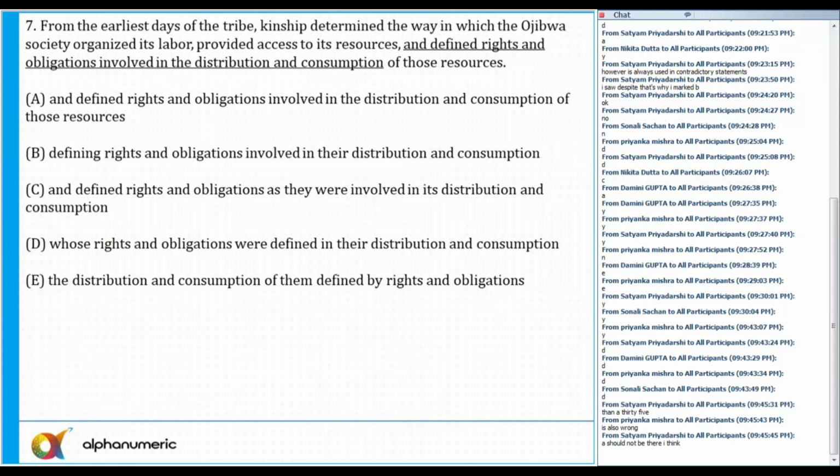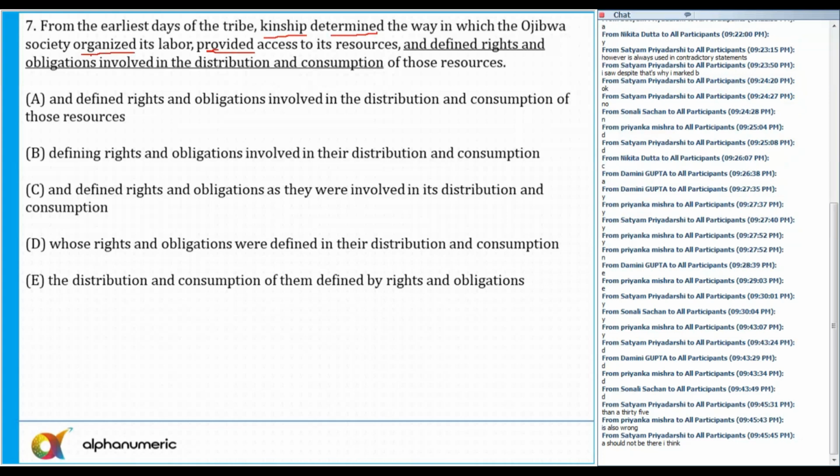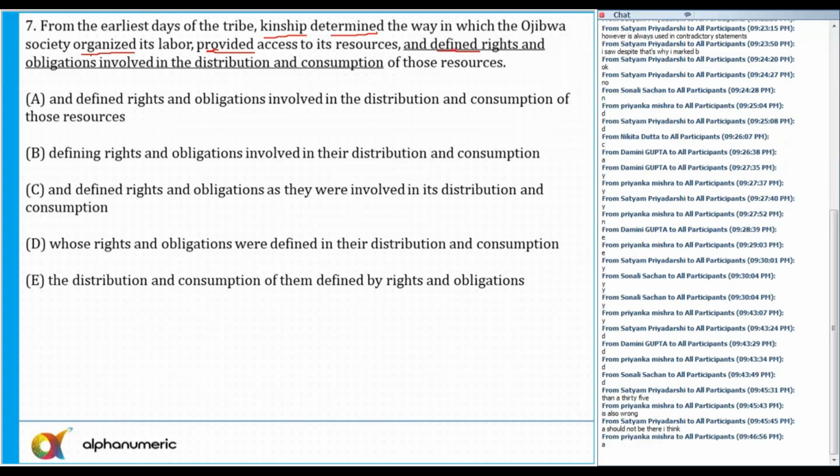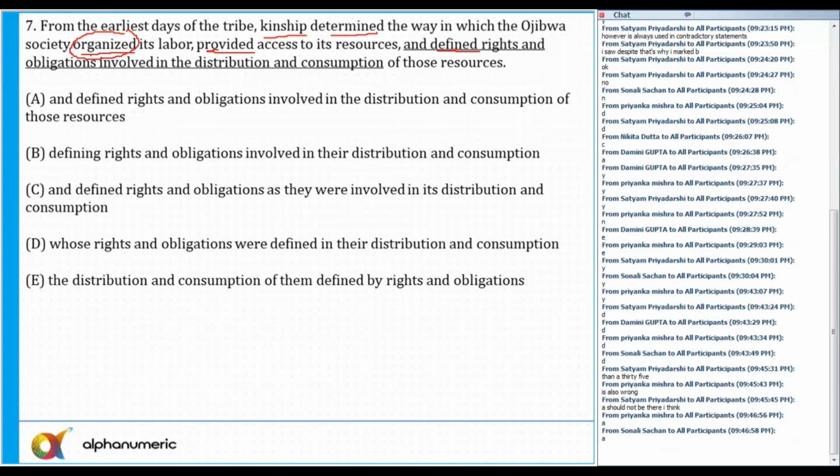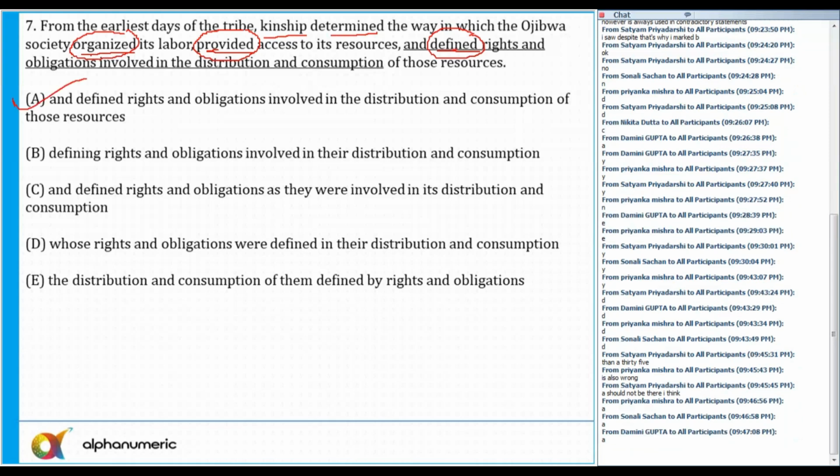So the kinship determined what? How the society organized, number 1, provided, number 2, and defined, number 3. So the society did three things: organized labor, provided access, and defined rights, which means all these are parallel. It is absolutely right. The answer is A. There's nothing wrong here.